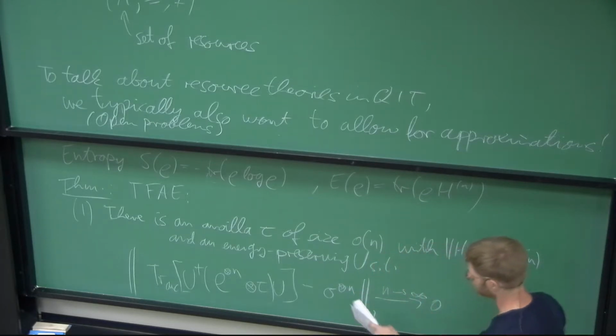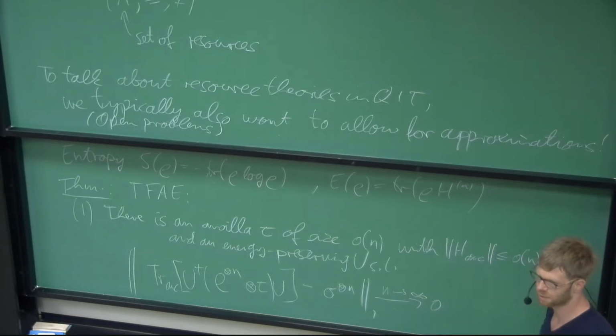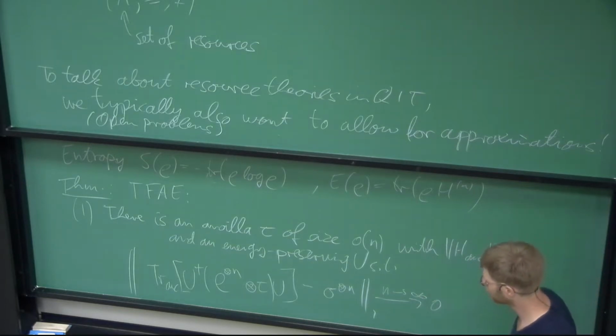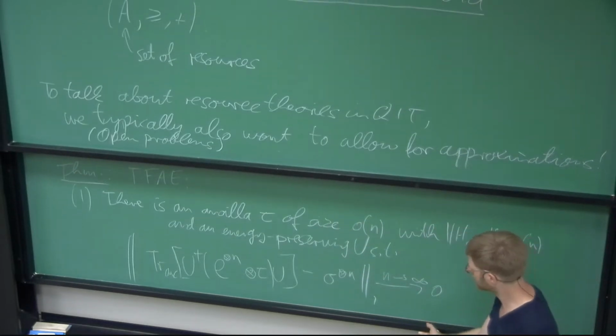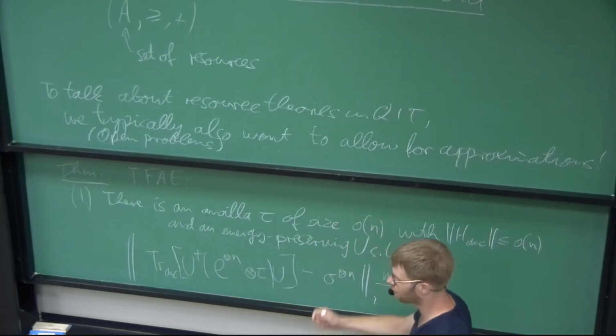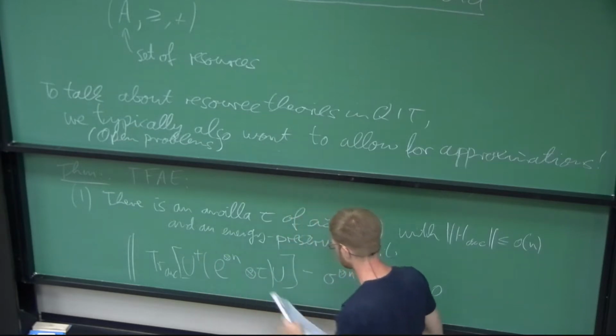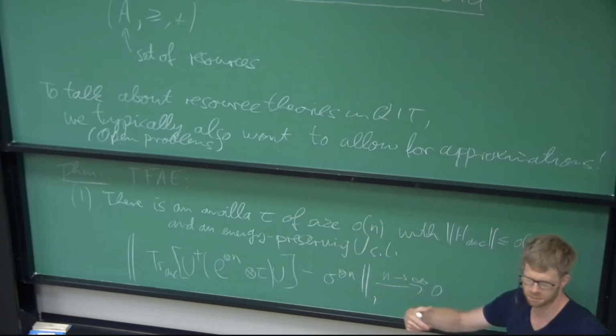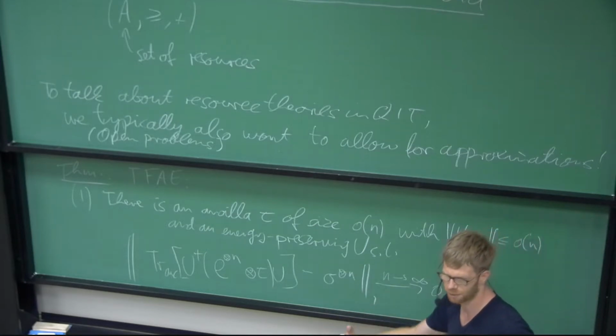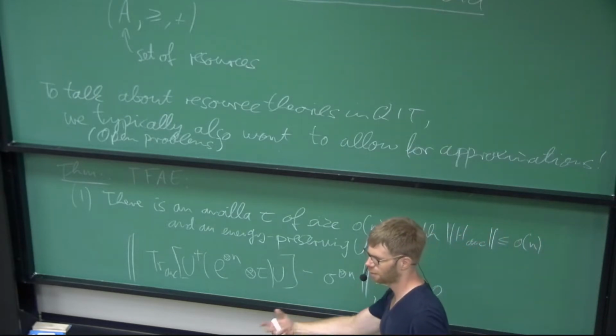So this is very similar to the kind of definition one uses in channel coding and all that, right? You take your IID copies, you apply your free operation, and just for technical reasons, we also allow this ancilla, so we do the most permissive thing that does not make everything collapse.